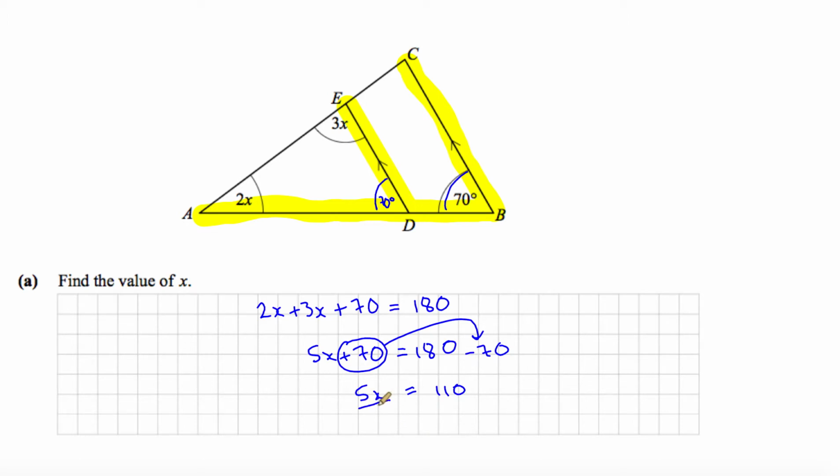And then I'm going to divide both sides by 5. The 5s cancel, leaving me with x is equal to 110 divided by 5, and that's 22. So the value of x is 22 degrees. That's my answer.